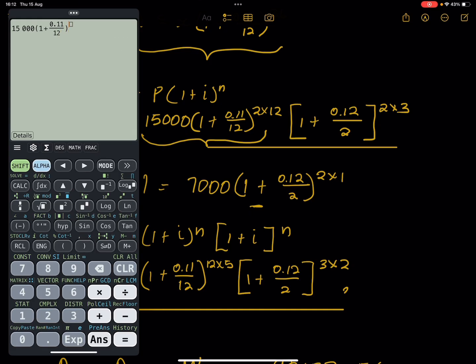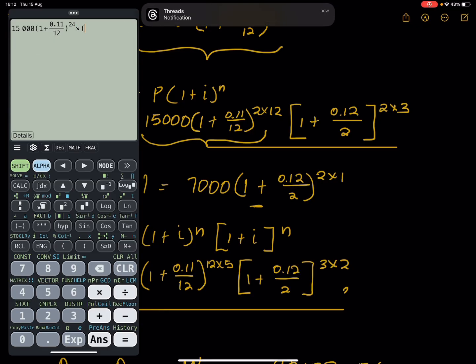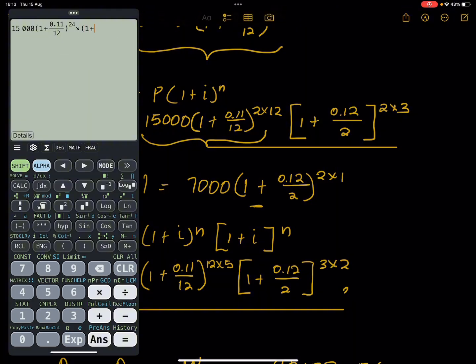And this is y to the x, 2 times 12, which is 24. And this is multiplied by another bracket, 1 plus 0.12 over 2, raised to the exponent 2 times 3, which is 6.